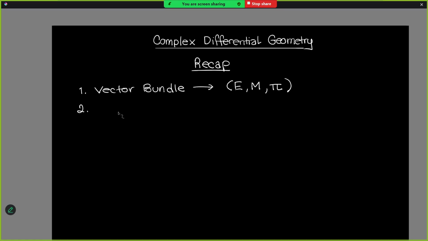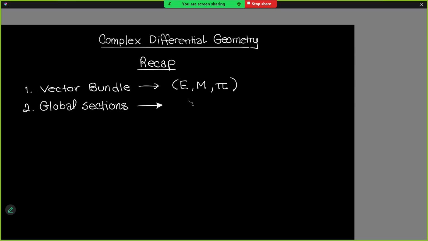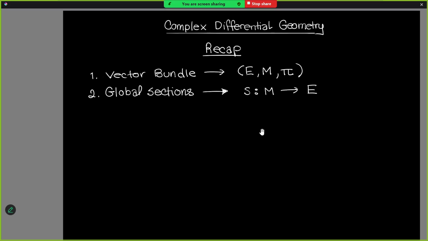The second thing that we did was we looked at global sections. So global sections were these maps S from M to E on the manifold, and then we also looked at local sections.